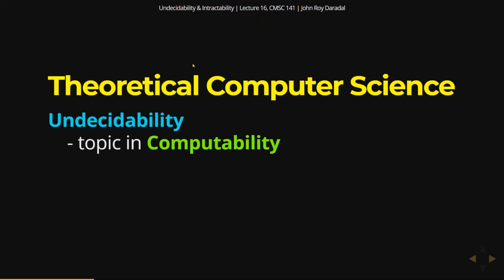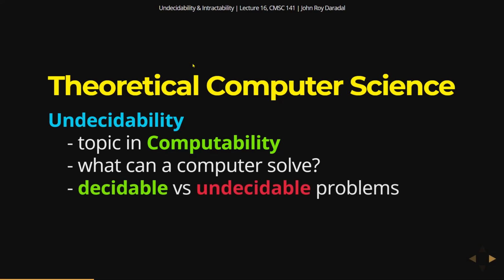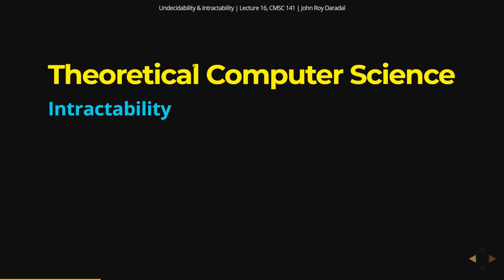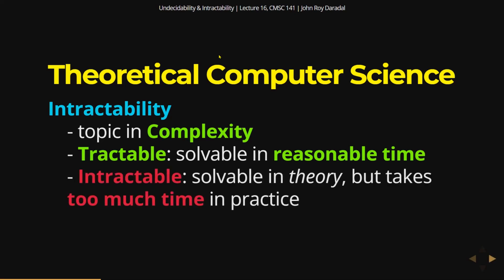Undecidability is a topic in computability, and it asks the question, what can a computer solve? It differentiates between decidable problems and undecidable problems. On the other hand, intractability, the second part of our title, is a topic in complexity. It focuses on finding out what are tractable problems, or those that are solvable in reasonable time, versus those that are intractable.